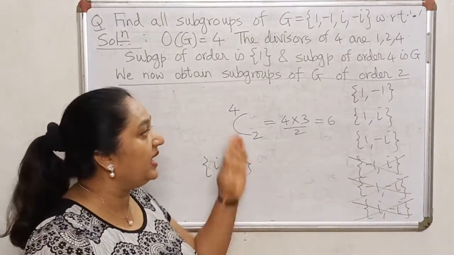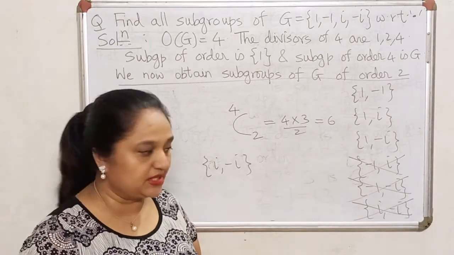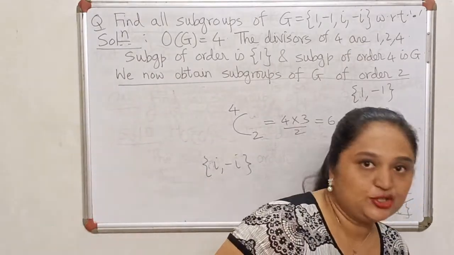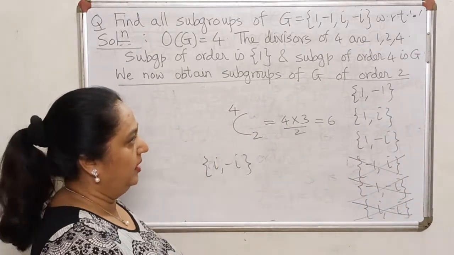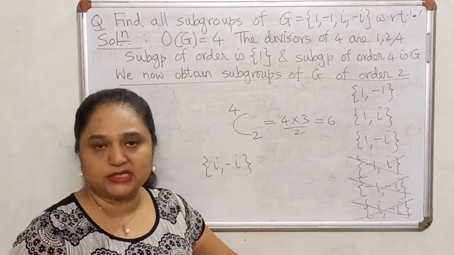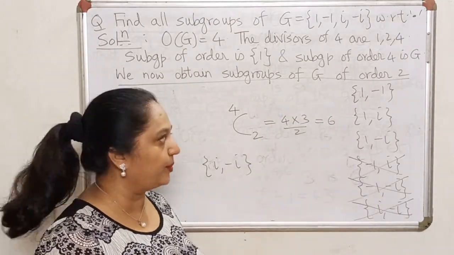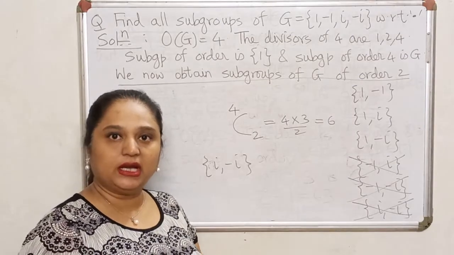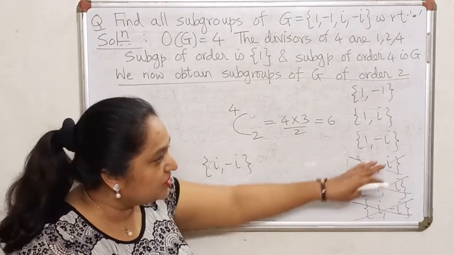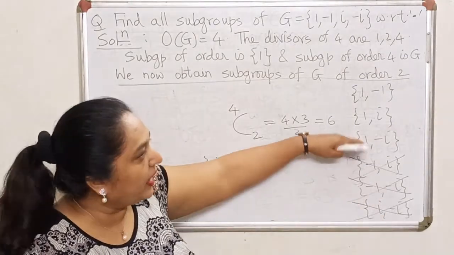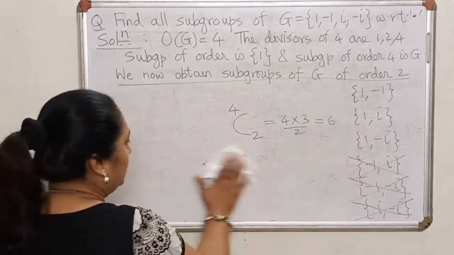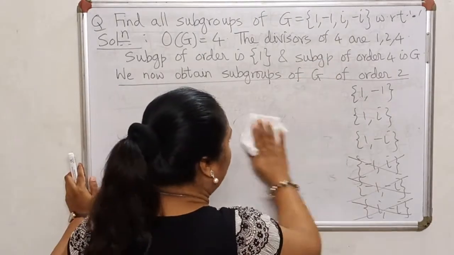So you can quickly reject some of these subsets. For any such problem where you have a fair amount of subsets for which you need to verify the closure property, it's always better to think a little smartly, reject a few cases and look at only the good choices.